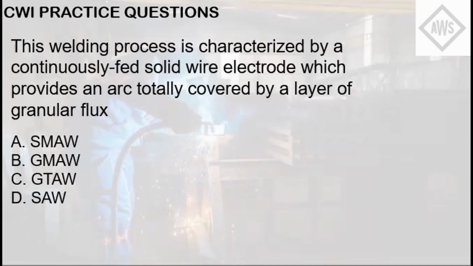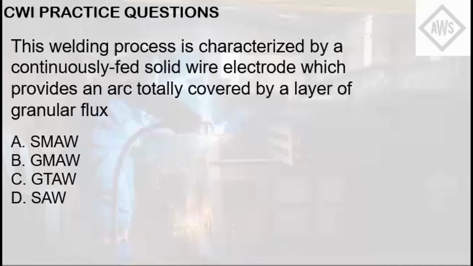Letter D, SAW or submerged arc welding, is called submerged because the arc is submerged in a layer of granular flux, and it uses a continuously fed solid wire electrode through the machine.